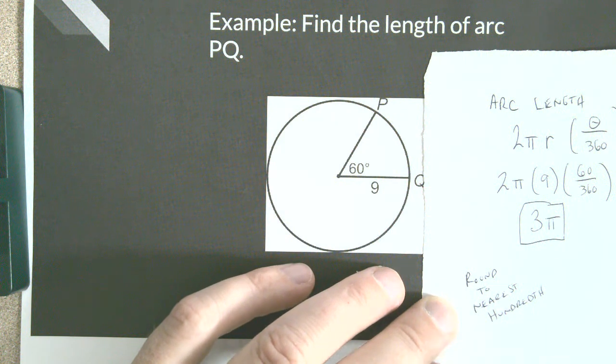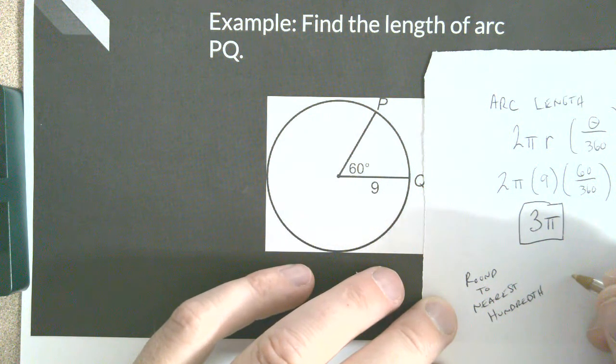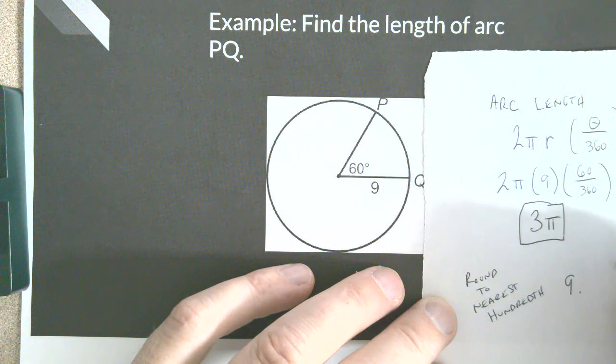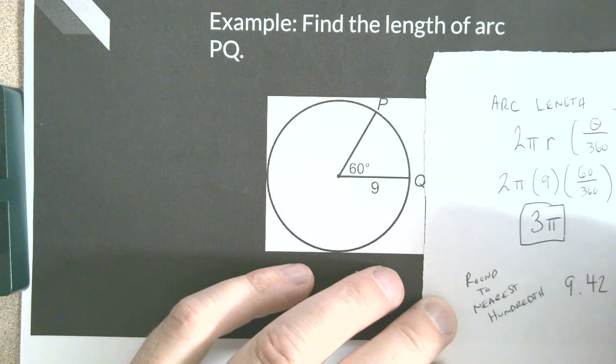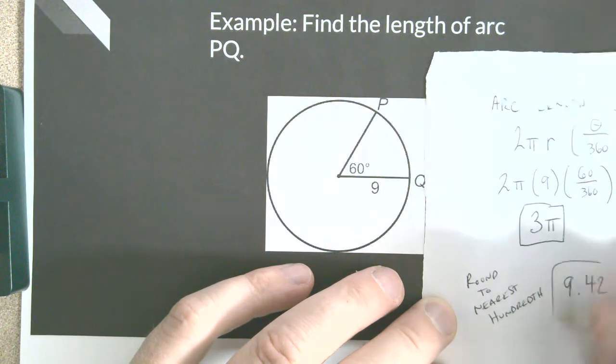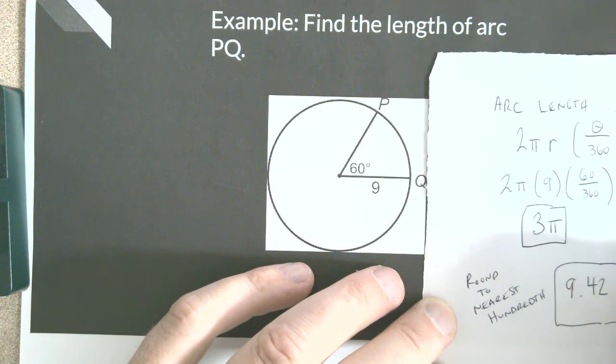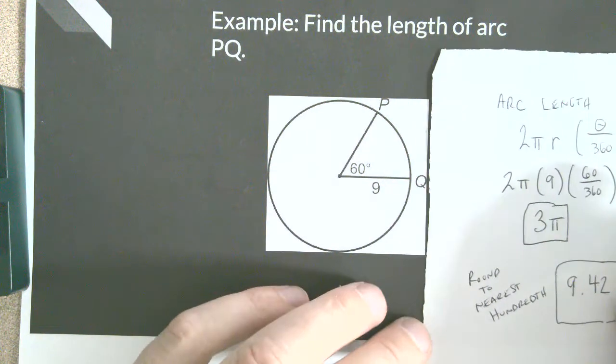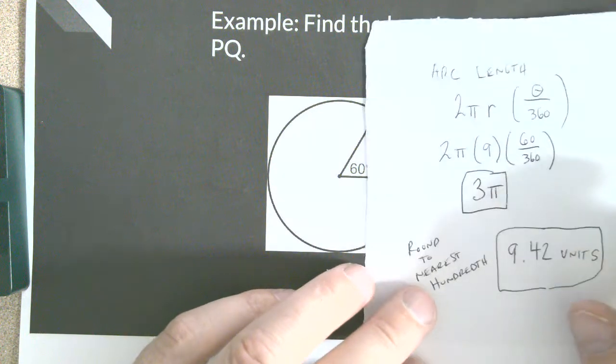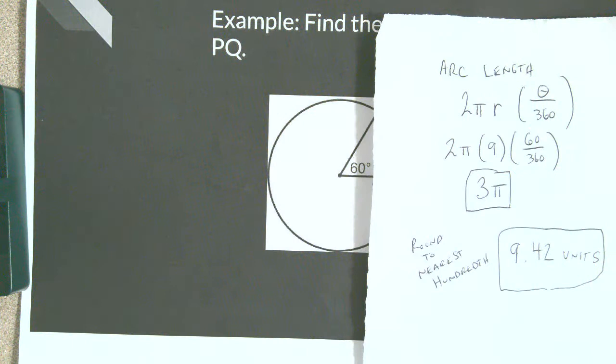If we round that to the nearest hundredth, 9.42. And again, we didn't give you a unit of measurement, so we'll just say 9.42 units. It is going to be a length. So you always want to make sure you label your distance if it is a length.